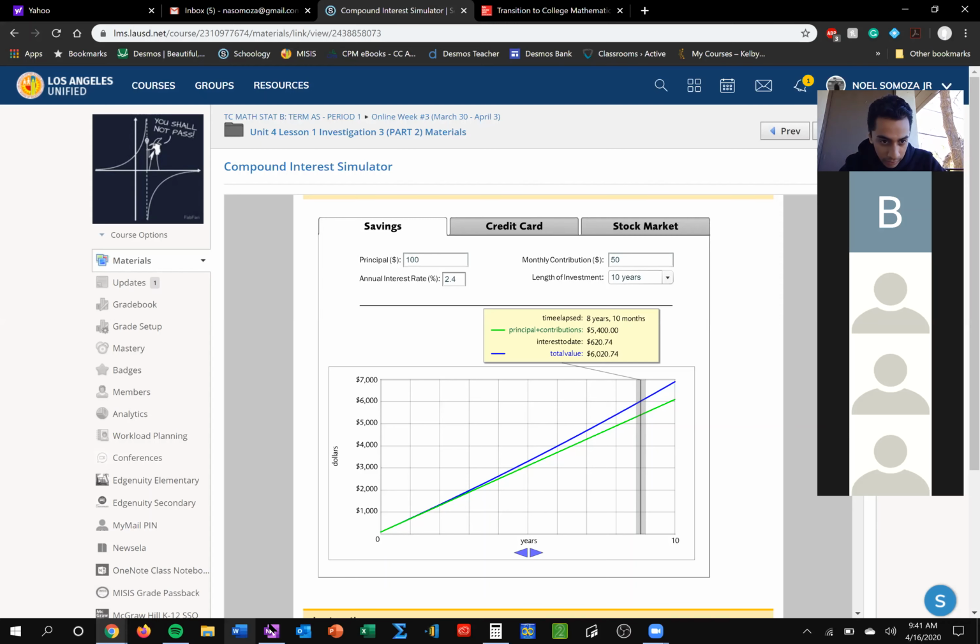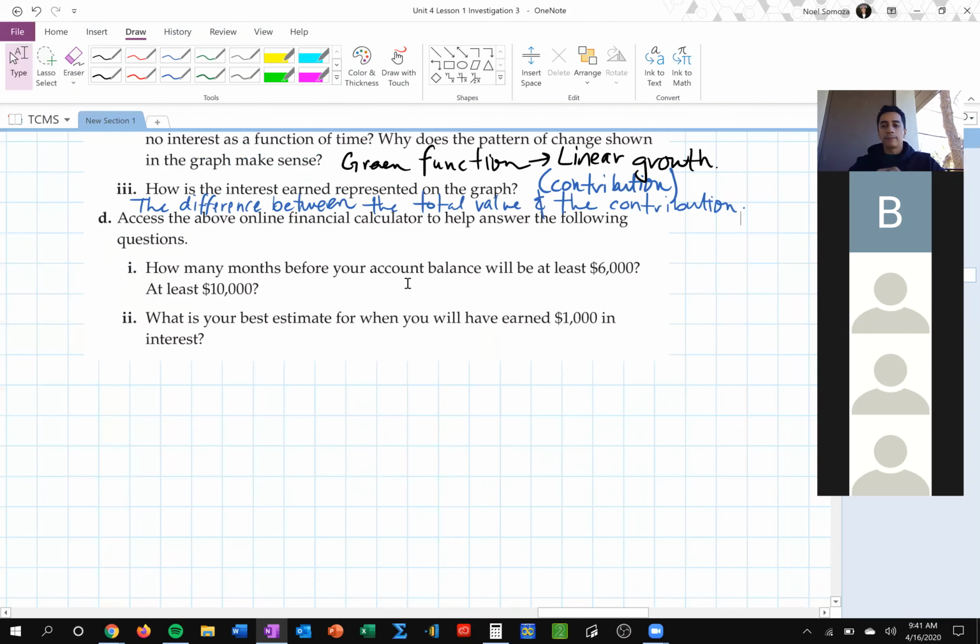So let's go back. After how many months? They give us an answer here of 8 years and 10 months, but they want the final answer in months. Just make this conversion here. The 8 years, multiply that by 12, you're going to get 96.